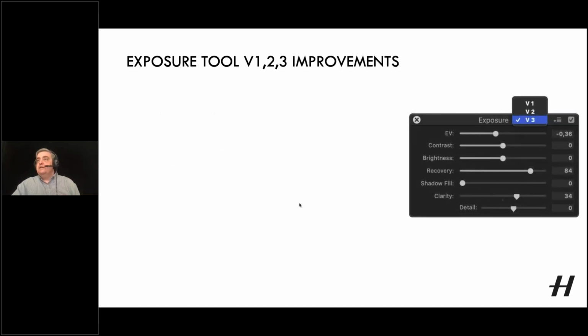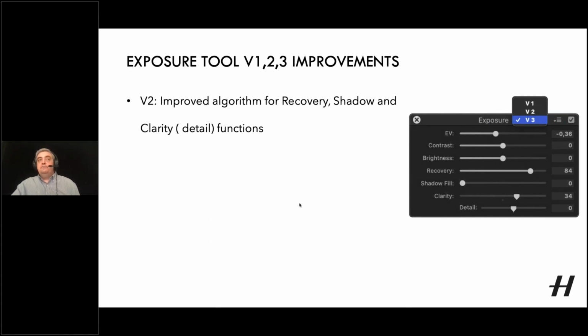So what's the difference basically between 1, 2, and 3? So if we take V1 as our original standard algorithm that was in Phocus, as we moved forward, with the latest CMOS sensors and so on, the V2 algorithm, what was in the exposure tool, enabled us to get more detail or recover more detail from the shadows, highlights, and control the detail that could be extracted via the clarity tool.